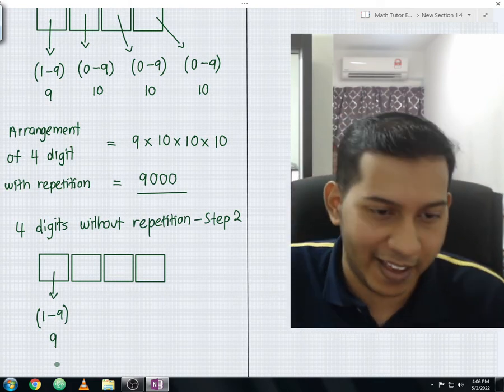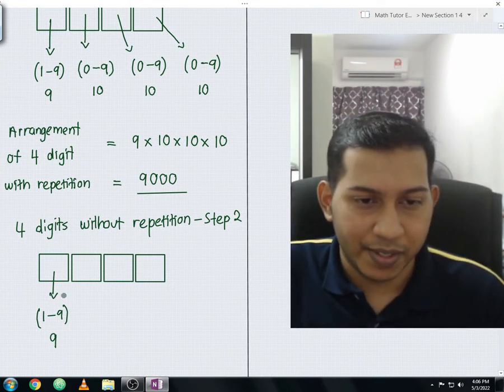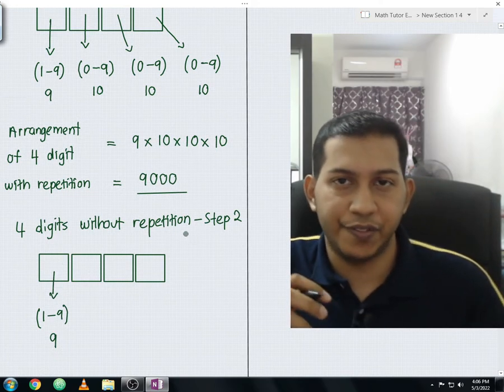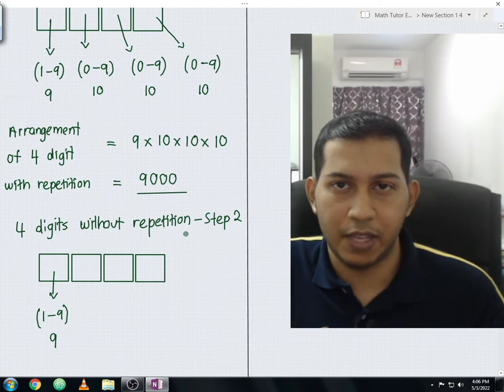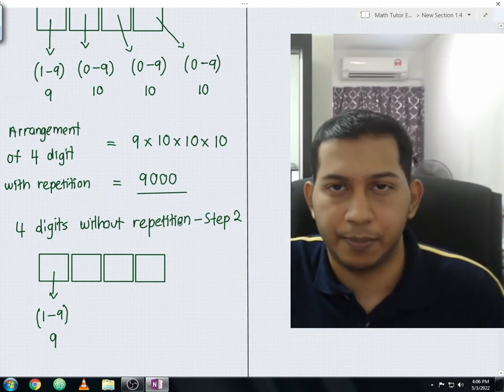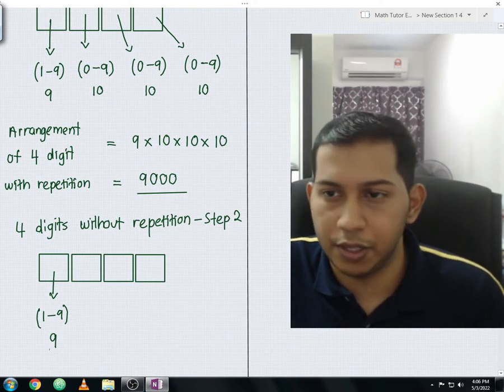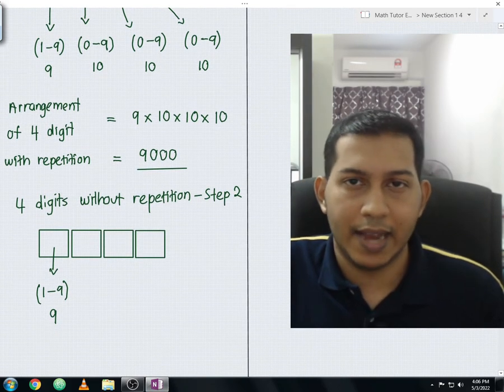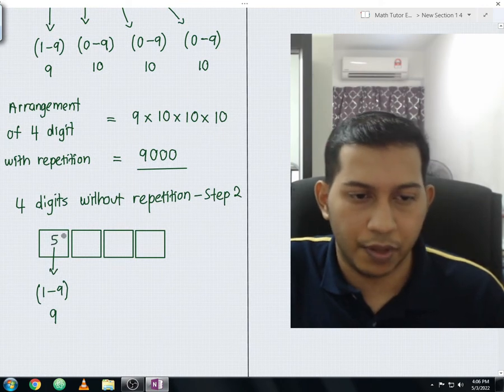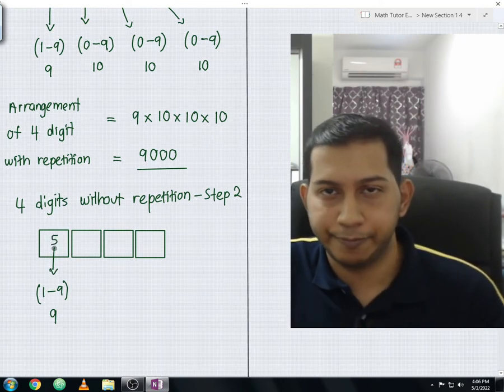So from here, since it is without repetition, there is a difference between repetition and without repetition. So what is the difference for without repetition? For example, I'm going to show it to you now, guys. Let's say you're choosing number 5 over here for the first digit.